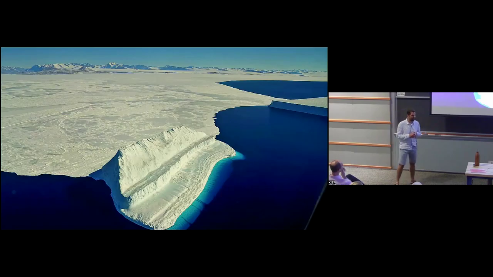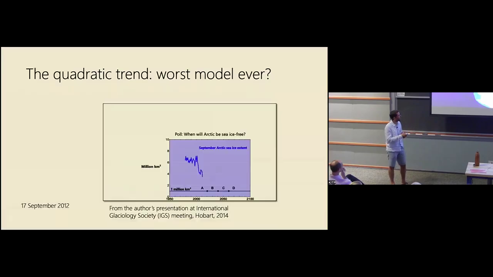So I'd like to start by coming back 10, 12 years in the past, and this is a slide that I pulled from a presentation I had given at the IGS workshop in Hobart, 2013 or 14, I believe. And at that time, sea ice extent in the Arctic had experienced a very steep decline.